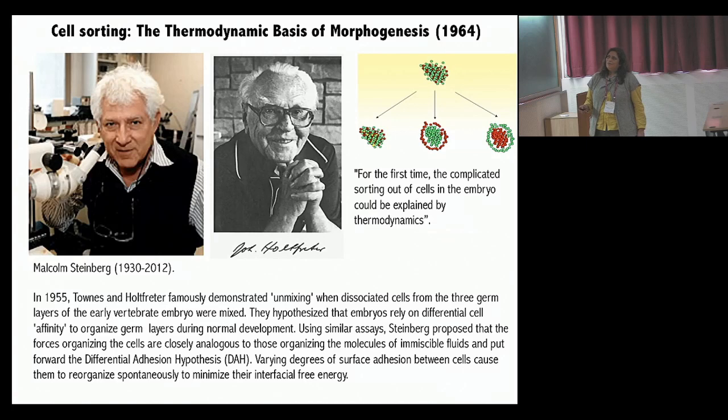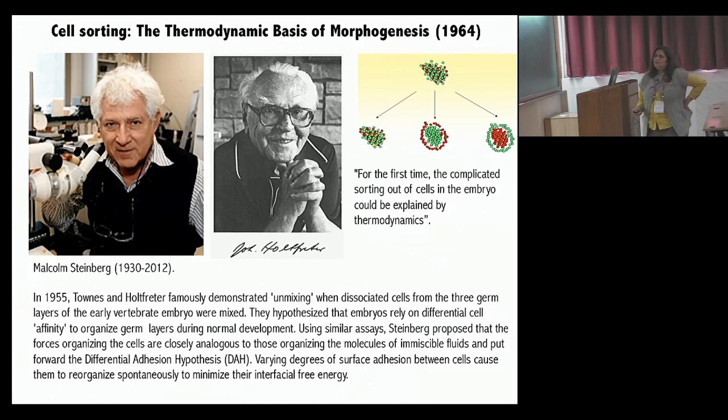What was observed was that the cells will actually sort out. The green cells will sort out from the red cells. One cell population will typically envelop the other population. And if you do this with combinations of cells, the same population would always be found on the outside and the other population would be found on the inside.